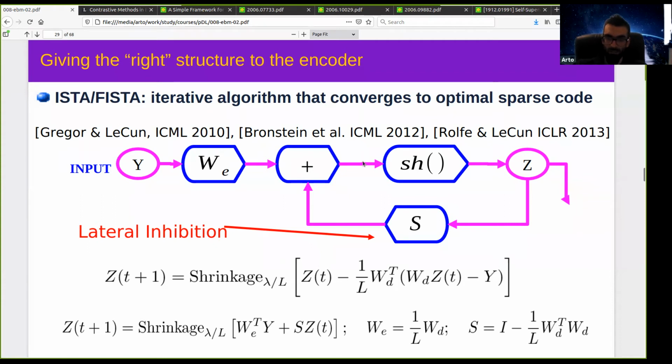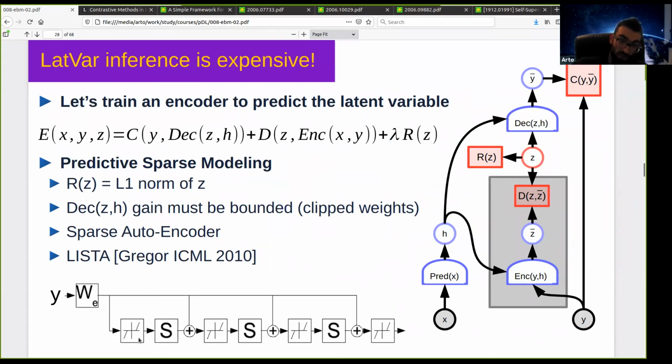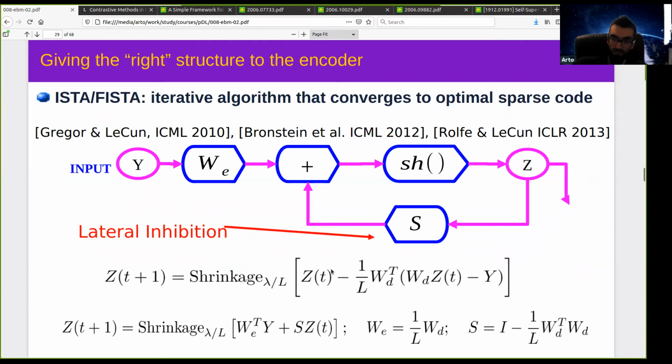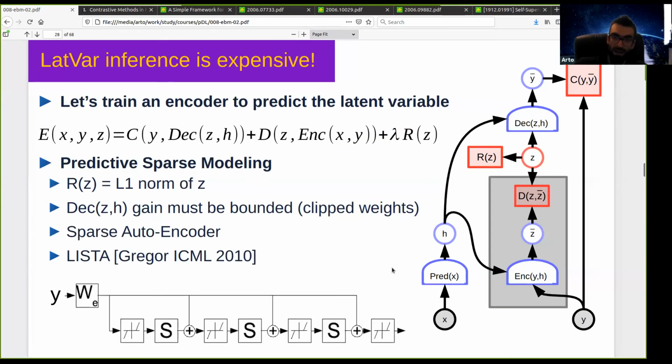We do k steps, computing z at step t+1 from z at step t. The shrinkage function corresponds to minimizing the regularization term, and the gradient update is responsible for staying close to the gradient of this C term here, which is differentiable.